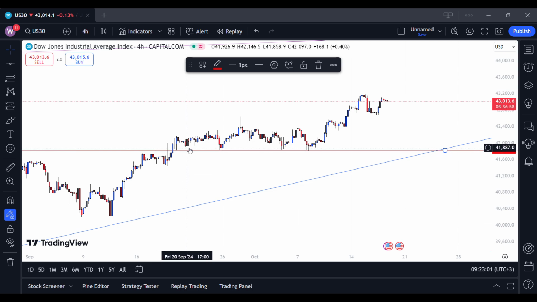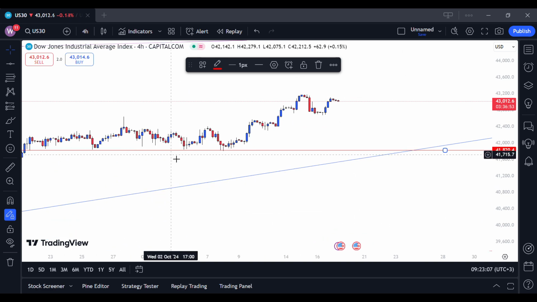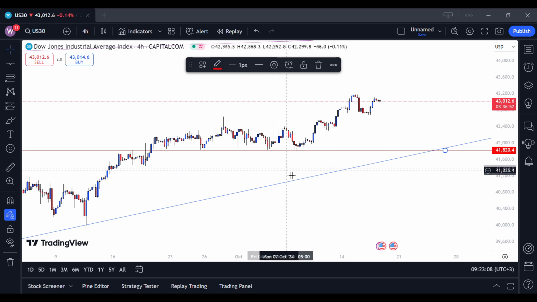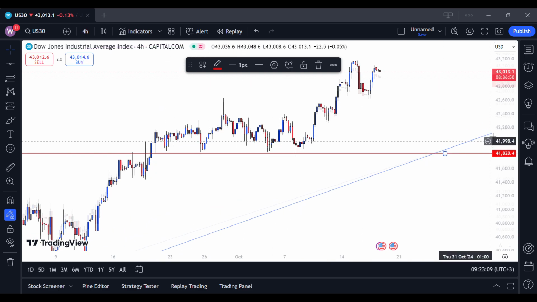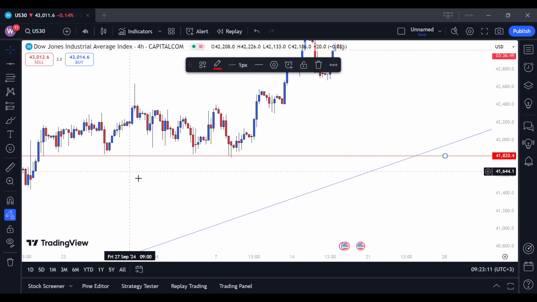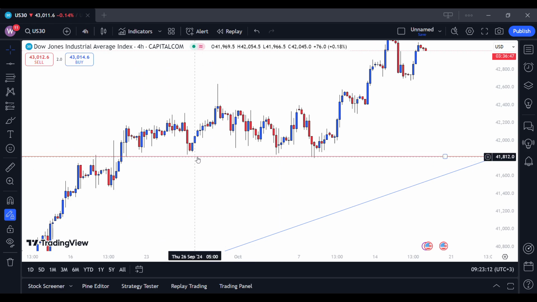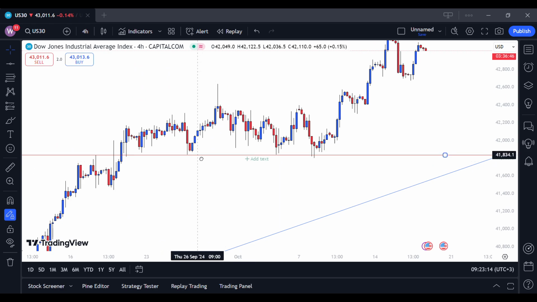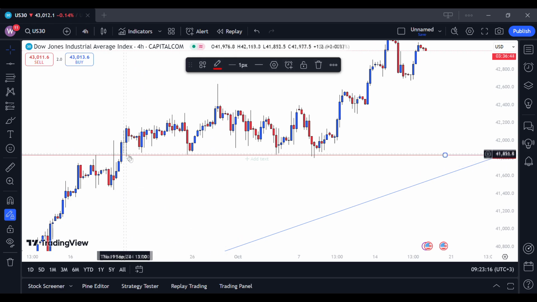When it moves to a certain level, it creates a high, and then creates a demand zone. If it's moving up, it creates a demand zone somewhere, and it always comes back to revisit that zone several times, more than once.